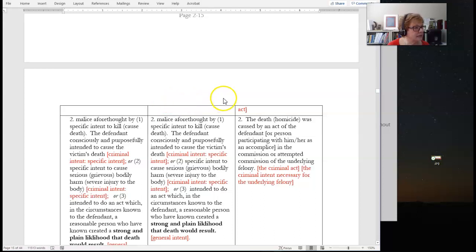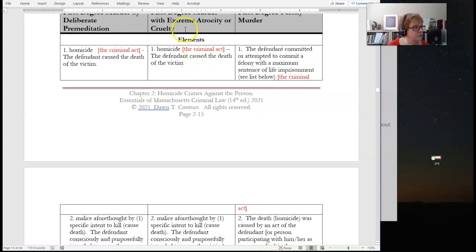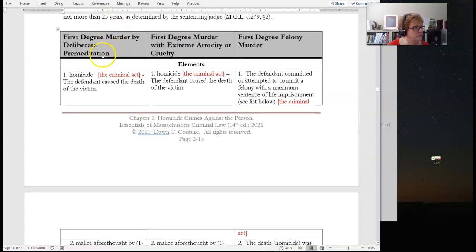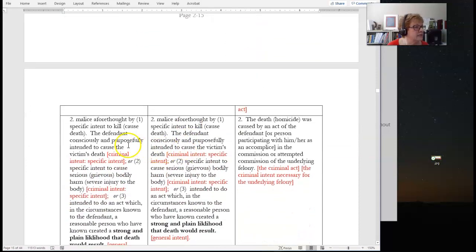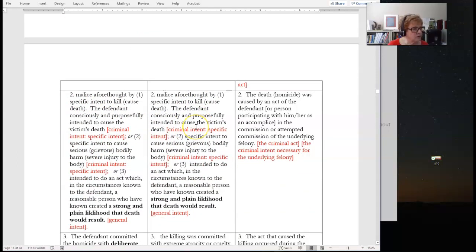The second element in both first-degree murder with deliberate premeditation and first-degree murder with extreme atrocity or cruelty is the element of malice aforethought. So malice aforethought is the criminal intent element in the crime of first-degree murder.